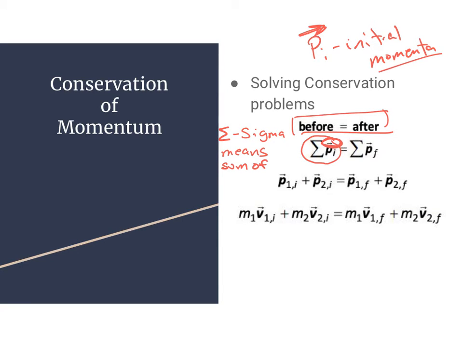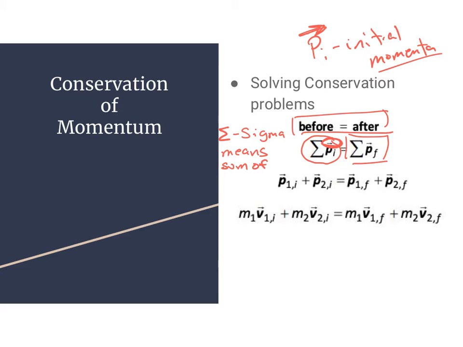And so that means taking into account direction and adding them as vectors. So all that being said, the sum of all of our momenta before the collision is equal to the sum of all the momenta after the collision, which is what the sigma p sub f means, sum of all the final momenta.